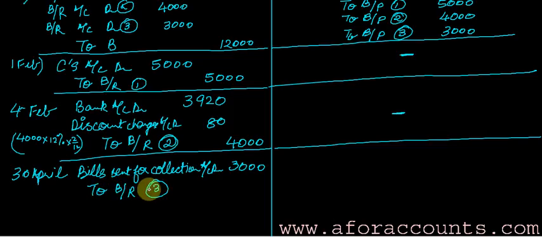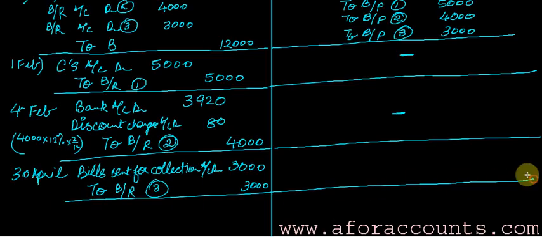This is the third bill of 3,000. Okay, on 30th April, when it is sent to bank, you need not enter here. This is for your explanation. When it comes to the entry on this side, you can start from here.